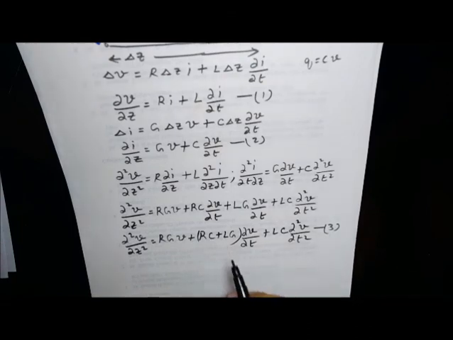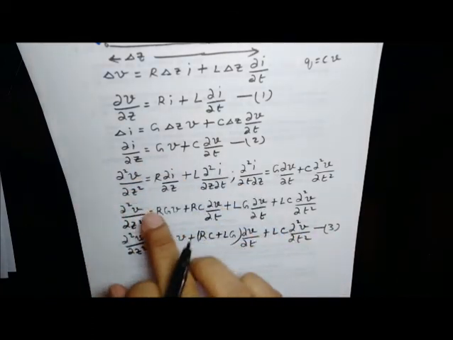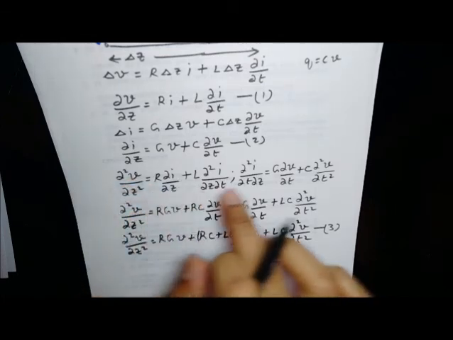And if you repeat similar steps, and instead of eliminating V, if you eliminate I, you just have to repeat these steps with ∂²V/∂z² and so on. If you do that successfully, you will end up getting an identical equation with V replaced by I. It is an identical equation.